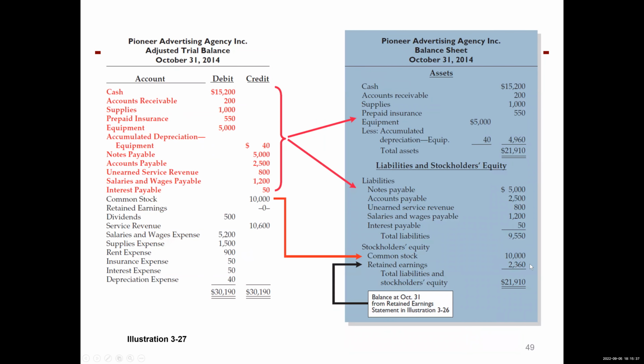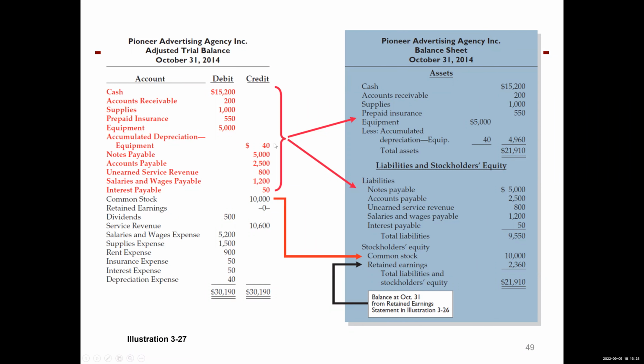But notice something new here. We've got this equipment and then the related accumulated depreciation. Accumulated depreciation, equipment is what we call a contra asset account. It goes against that equipment. Because it's contra, it's a credit. If I ask you what kind of account accumulated depreciation is, you might think it's a credit balance, so it might be a liability. No, it's not.